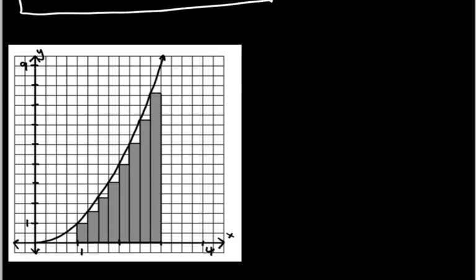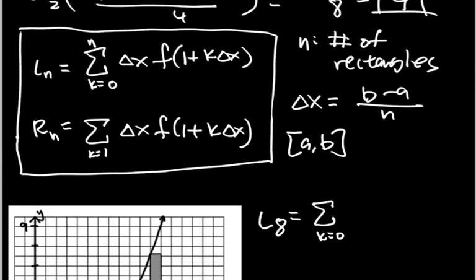So here, we're going to use L sub 8. I'm mostly going to set this up, and then you can calculate it out yourself because this is going to get long. Since it's left hand, we're going to start with k equals 0, and then go to, if we look at the thing that we got up here, this formula, oh, whoops, that's n minus 1.